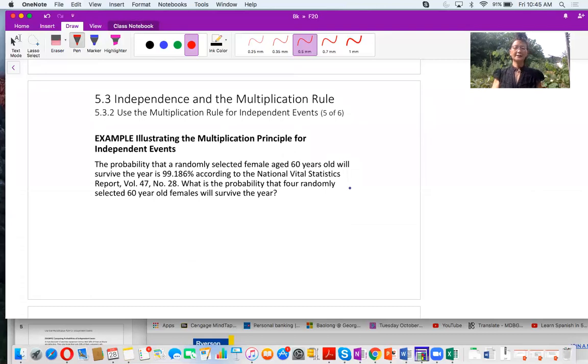Let's take a look at the example. The probability that a randomly selected female aged 60 years old will survive the year is 99.186% according to the National Vital Statistics Report. What is the probability that 4 randomly selected 60-year-old females will survive the year?